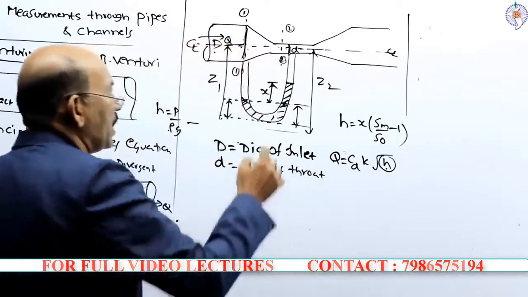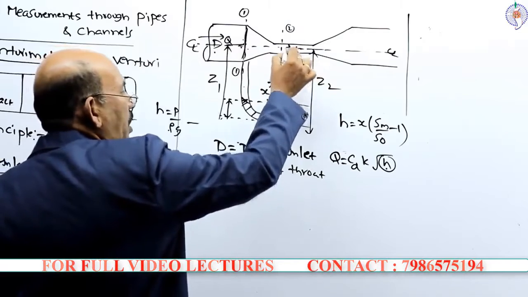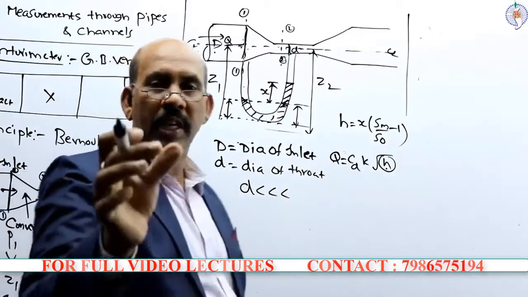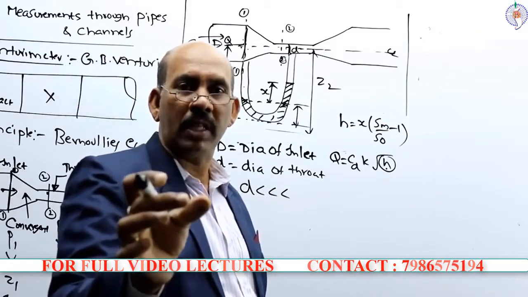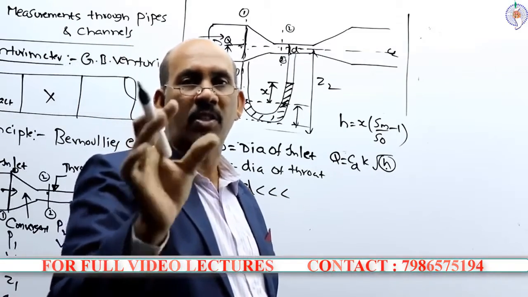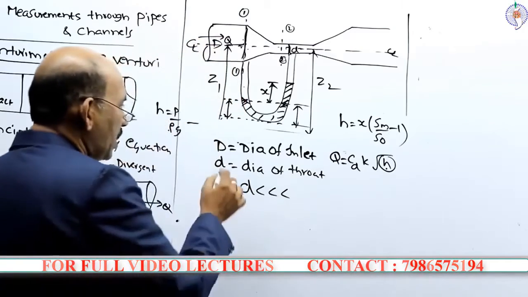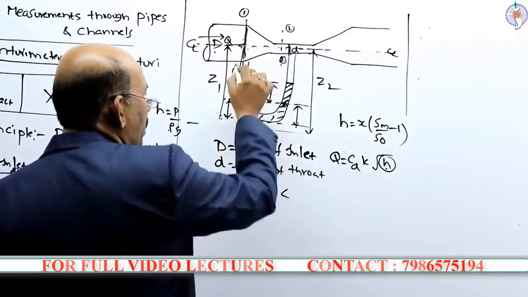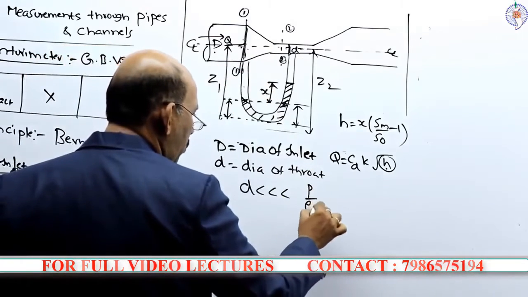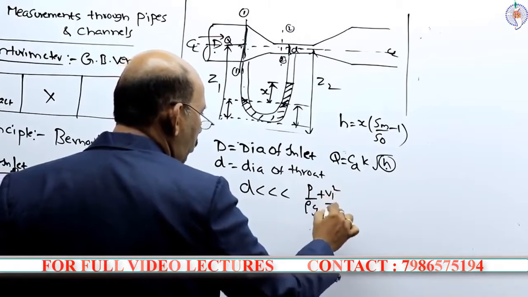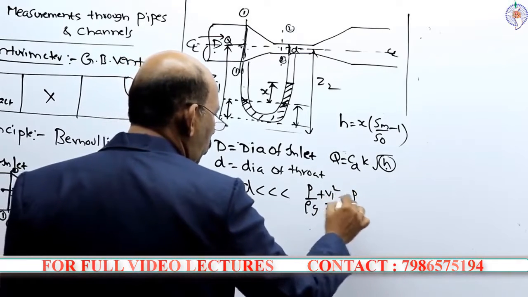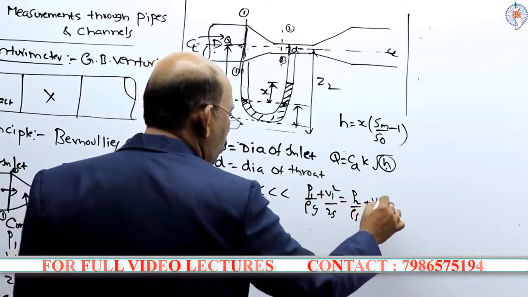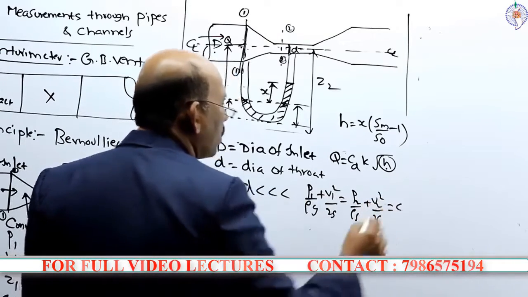But if it goes on decreasing the diameter, at one particular stage, the flow is not possible. Let us say, according to the Bernoulli equation, P1 by rho g plus V1 square by 2g is equal to P2 by rho g plus V2 square by 2g is equal to some constant.